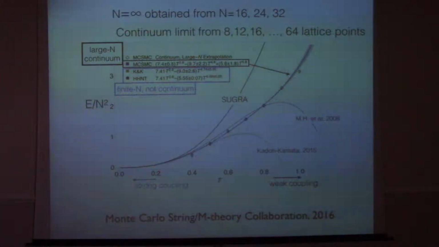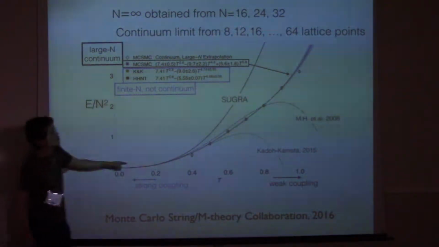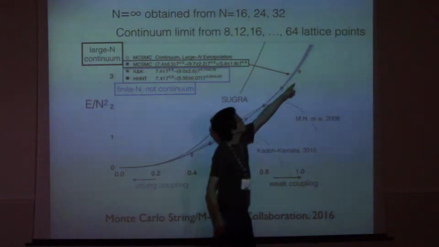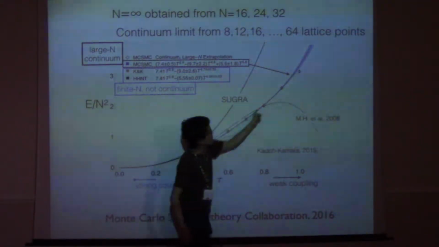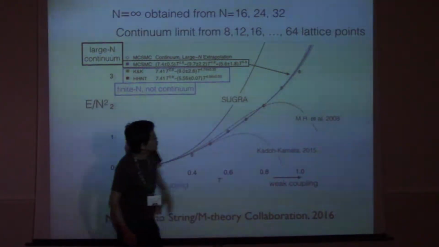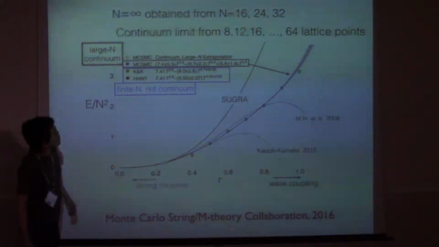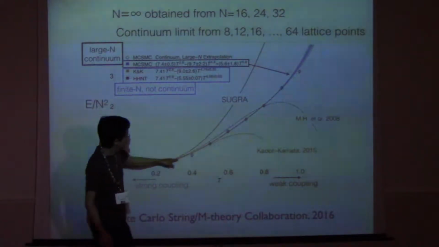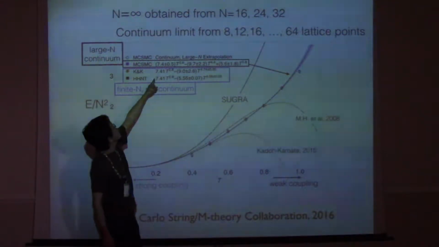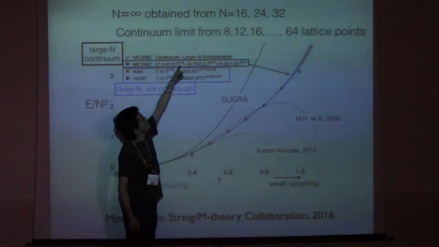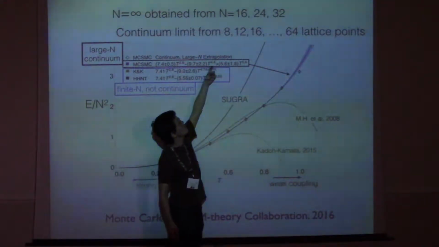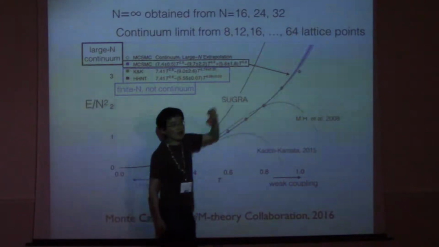And this is a result from 2016. So this is a zoom up of the low temperature region. And this is a supergravity result. And this is our simulation result. And these two curves are previous fits from previous work. But we could see that the simulation result could be fit very well by using t to the 14 over 5, and t to the 23 over 5, and t to the 29 over 5.